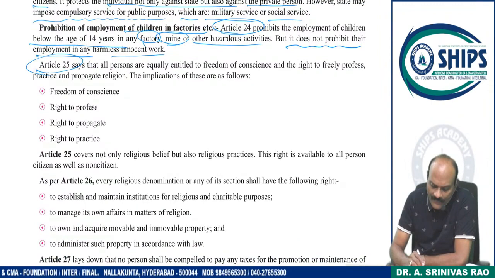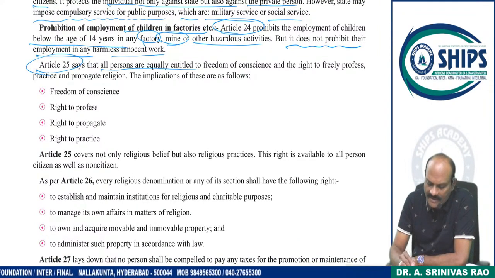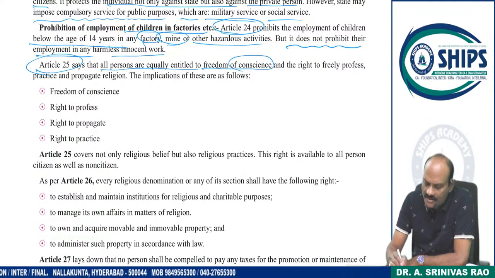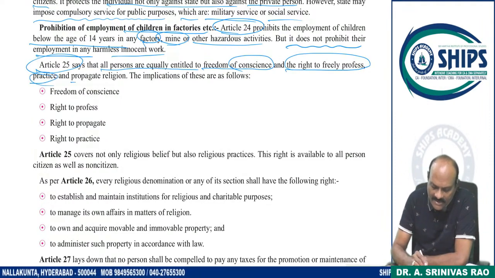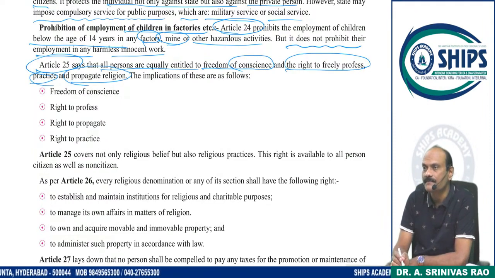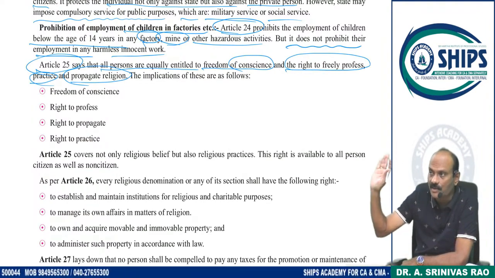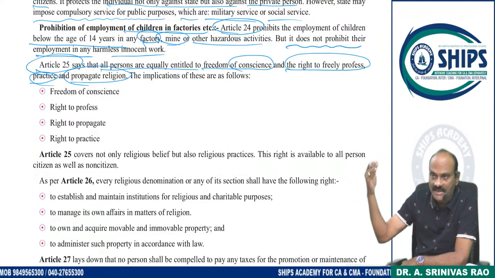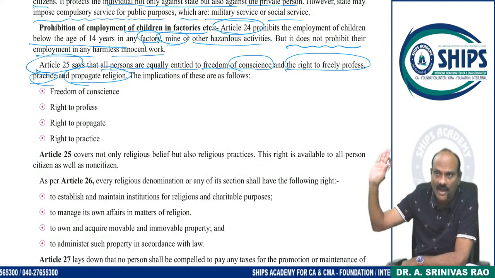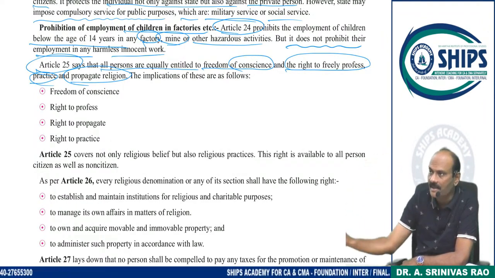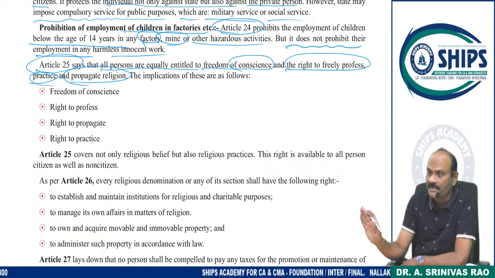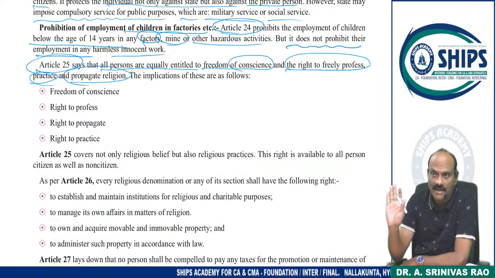Article 25. All persons are equally entitled to freedom of conscience and the right to freely profess, practice and propagate religion. As a Hindu, I have a right to preach and follow my religion. As a Christian, as a Muslim, you have a right to follow your dharma, but without interfering with other persons' dharmas.